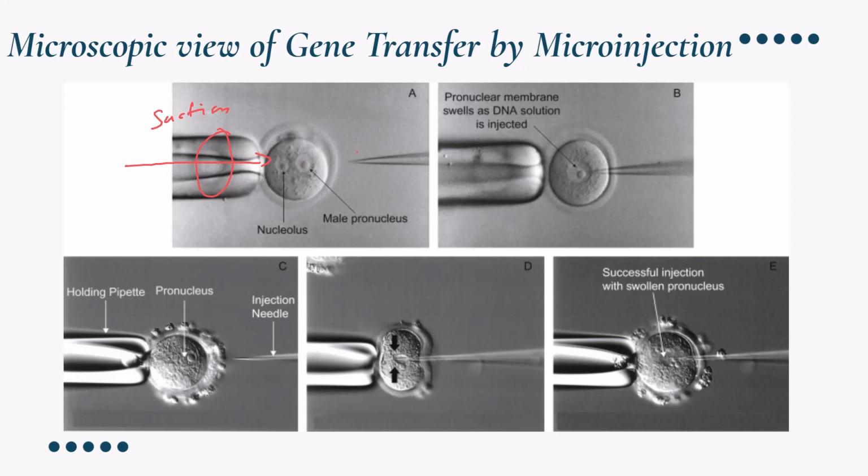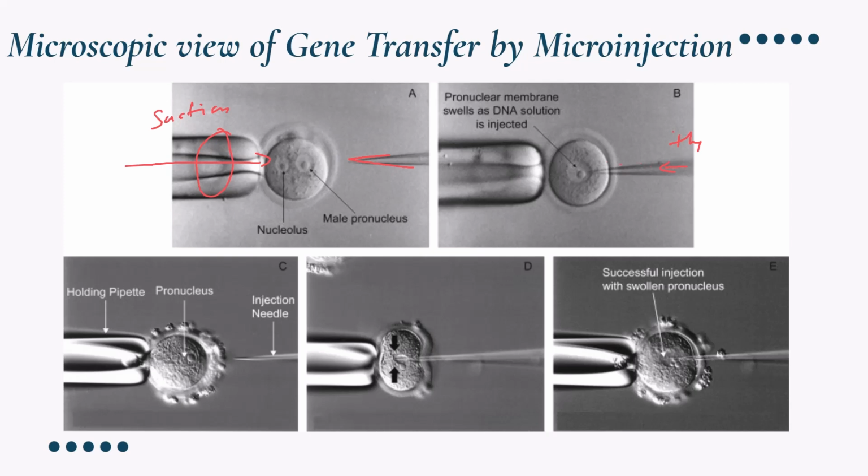Then after it is being held in place, a microinjector pipette, a glass pipette, a microinjector needle will be introduced into the cells very gently, and then hydro pressure will be given. Due to this pressure, what happens?